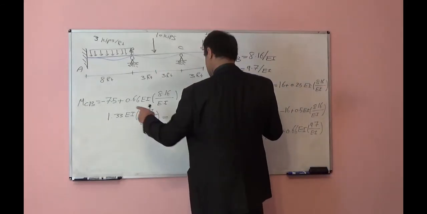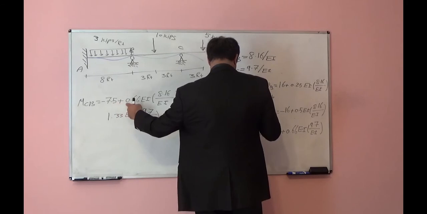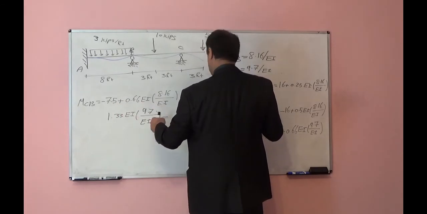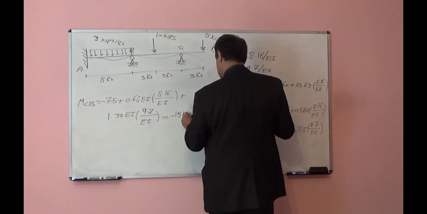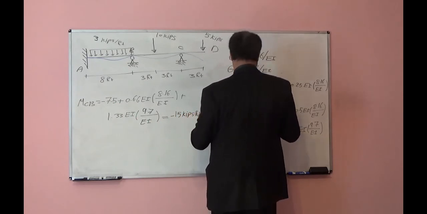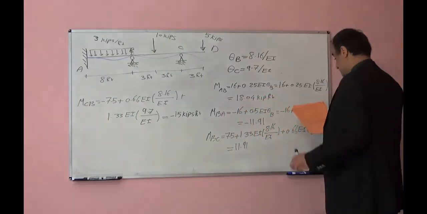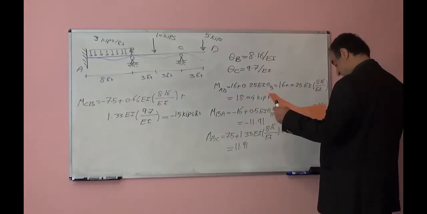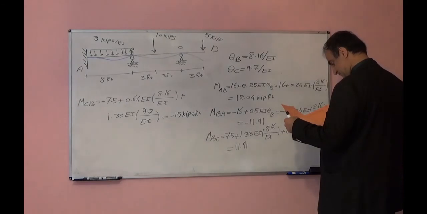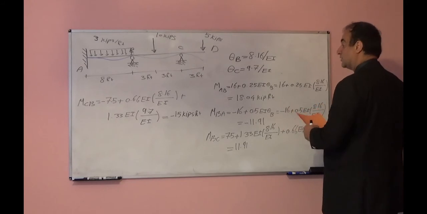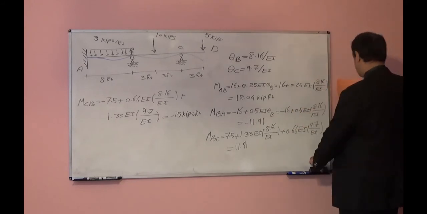MCB, minus 7.5, that is right, it will be negative 15 kip-feet. So, after I double check my equation, that is right. Okay.